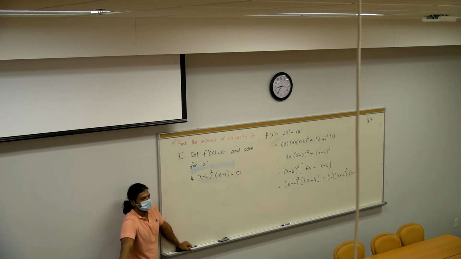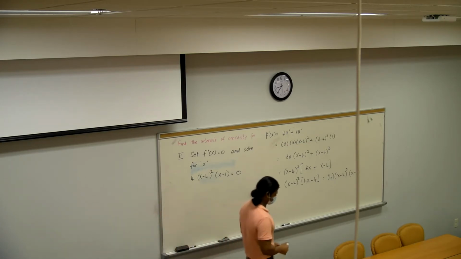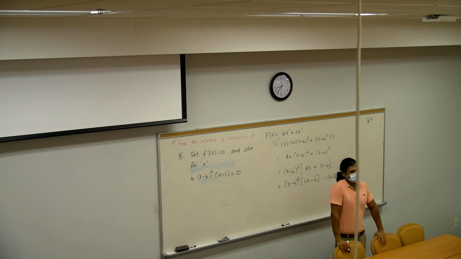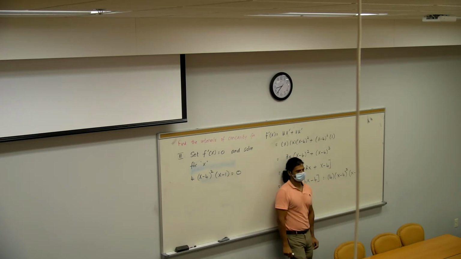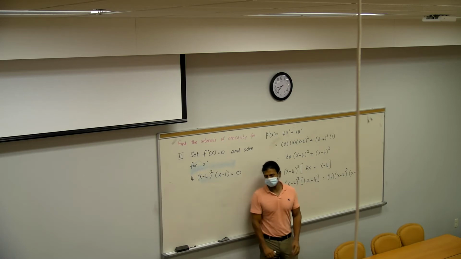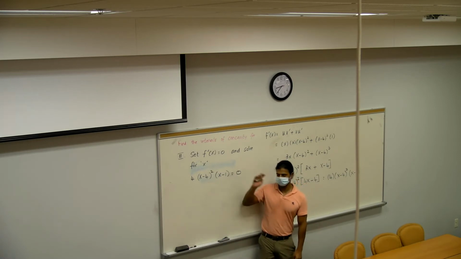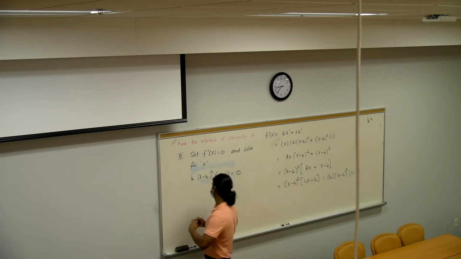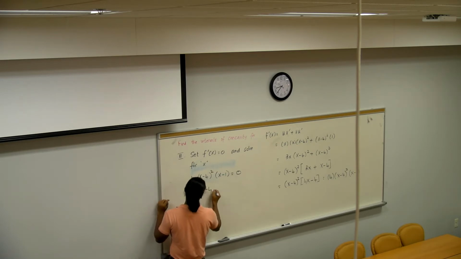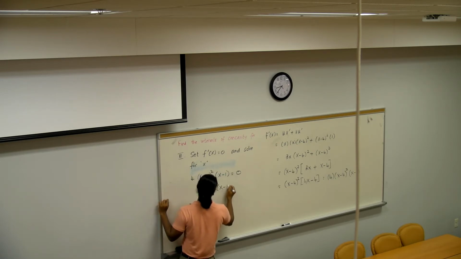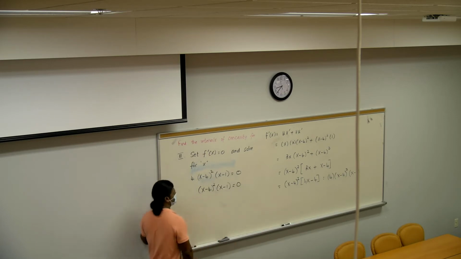How do we solve for this? You should know the answer just by looking at it. What would make that expression 0? 4 and 1. If I plug in 4, it's going to become 0. If I plug in 1, it would become 0. So, if you don't see it that way, divide by 4 on both sides. We have x minus 4 squared times x minus 1 equals 0.